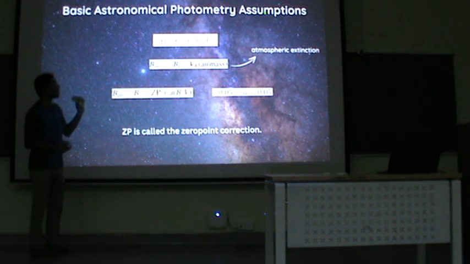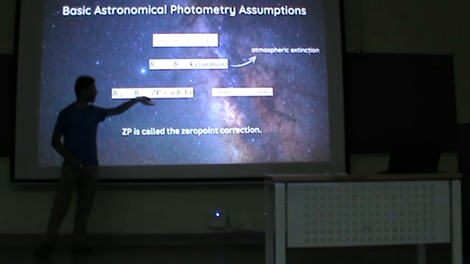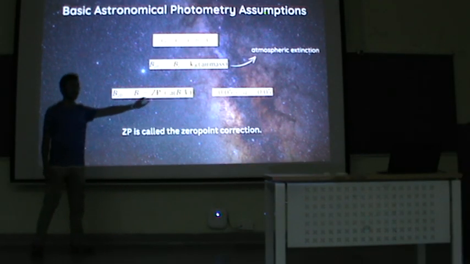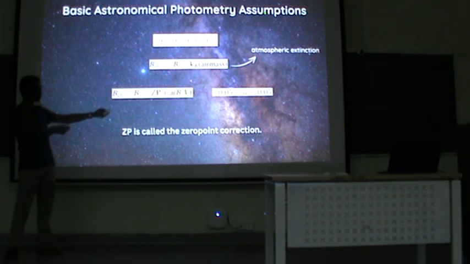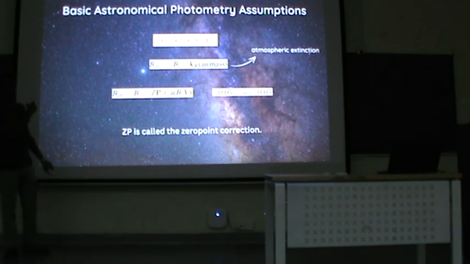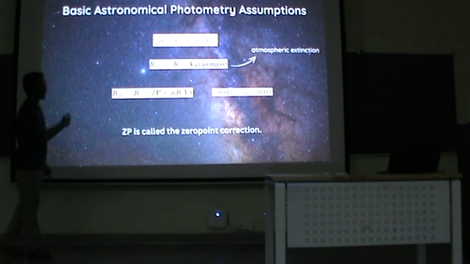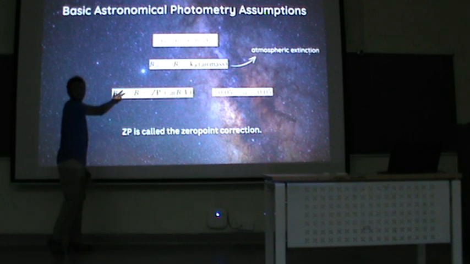Right. So in the right hand side you will see a term ZP. ZP is called the zero point correction, and this takes into account that there is a fixed value of this quantity for the particular instrument you are using and the place of your observation, so that it corrects for the observed value and the expected value.